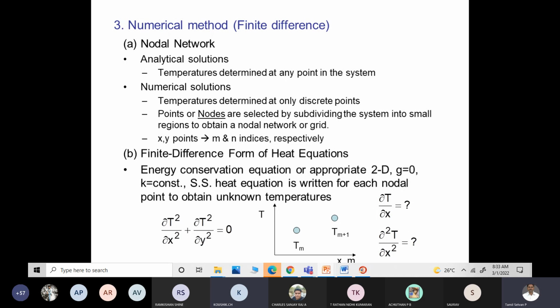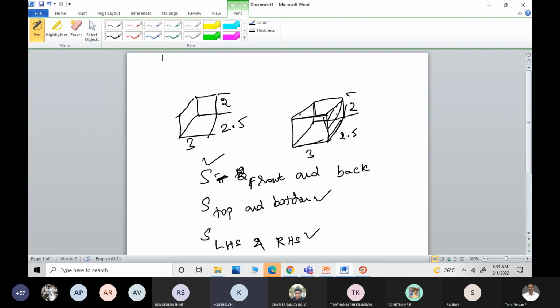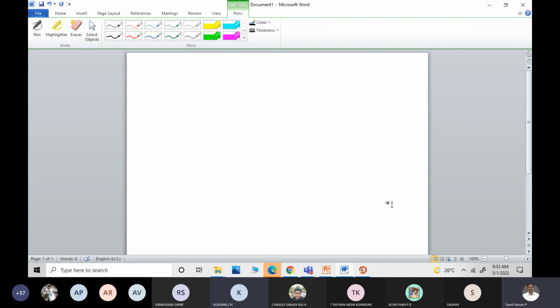For example, if you have a rectangular plate like this, assume this surface is exposed to, say, 25 degrees C, and this surface also 25 degrees C, and this surface 25 degrees C. And if you have the heating element here, this surface may be exposed to around 60 degrees or 100 degrees C. This is what happens in the case of iron boxes, right?